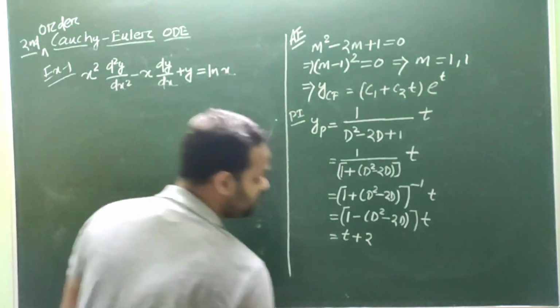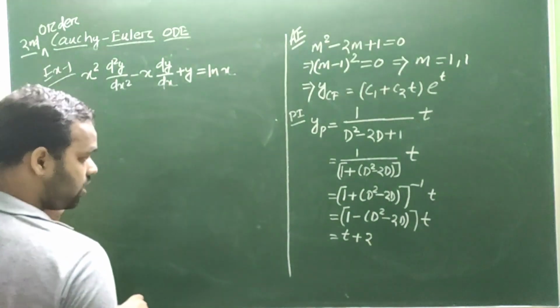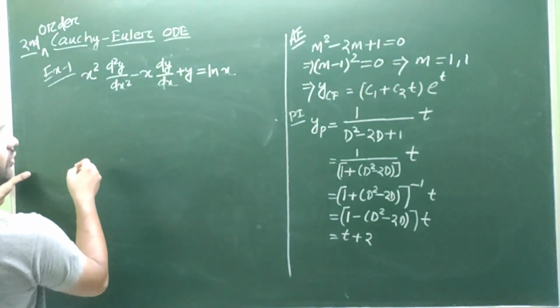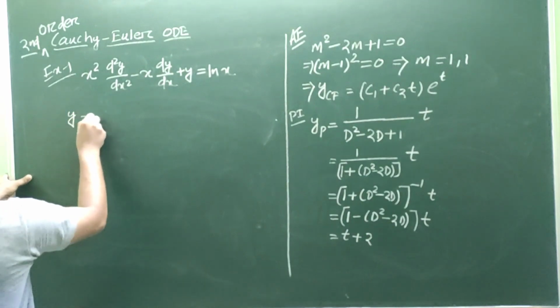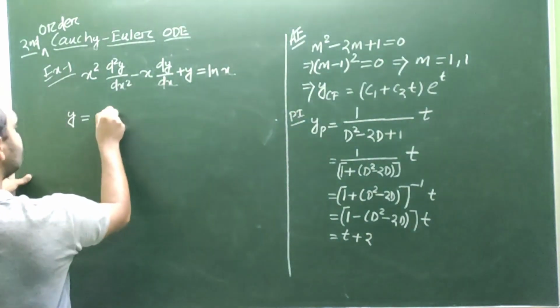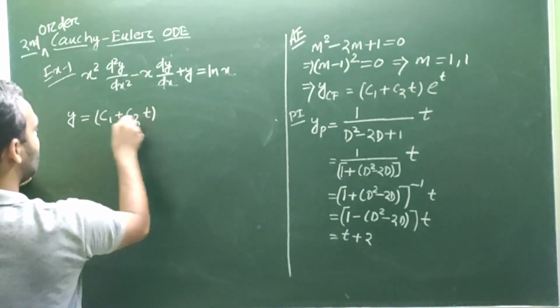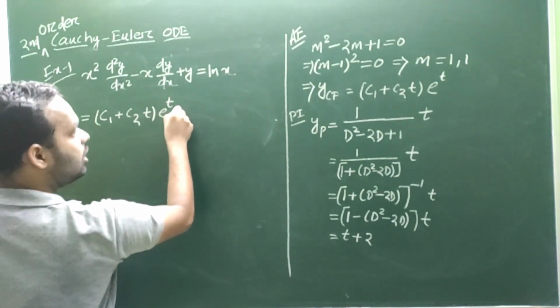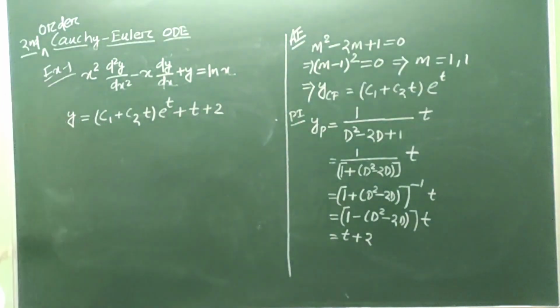don't lose focus. This is very important. Remember, you will definitely get one question from this part. So the final answer will be complementary function, that is C1 plus C2 into t e power t plus t plus 2.